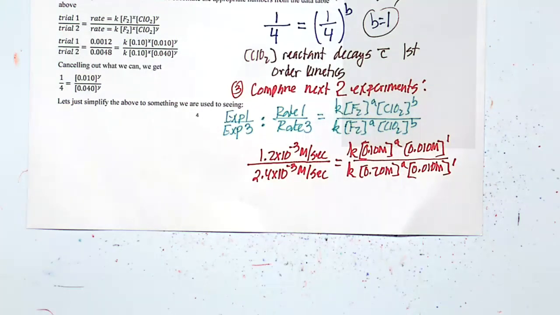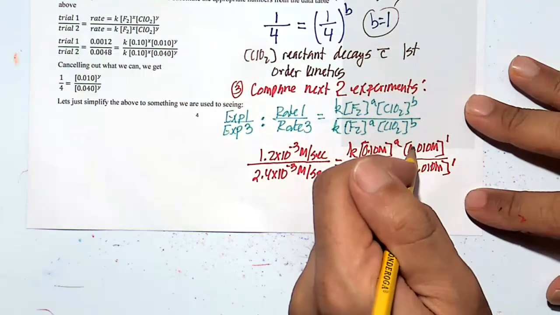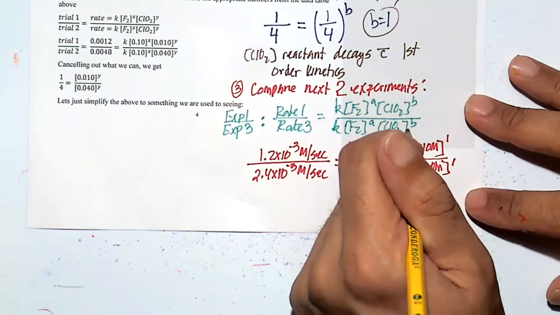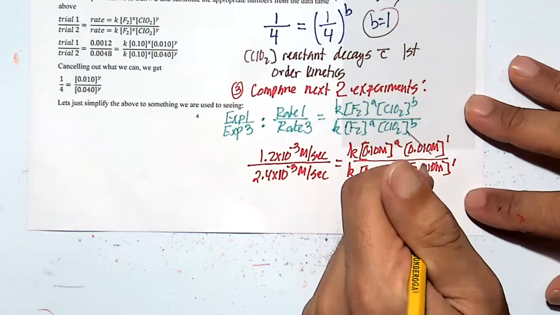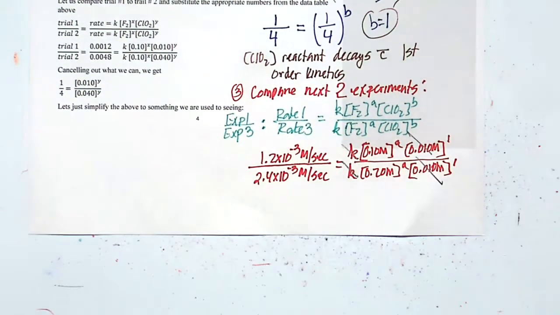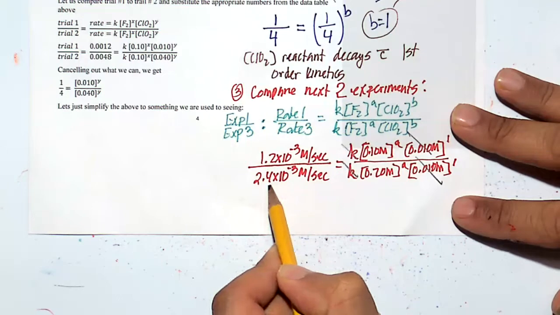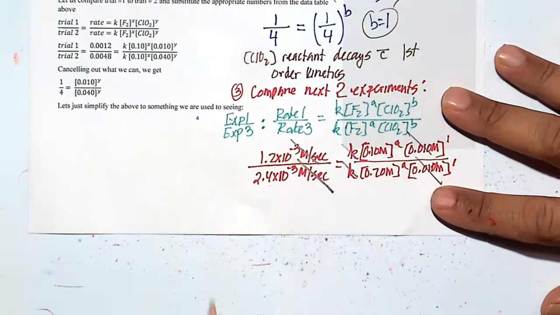All right, are we okay, everyone? 0.010 M to the power of 1 cancels with that guy. Okay, your k's cancel. We'll work on them later. 1.2 times 10 to the minus 3 divided by 2.4 times 10 to the minus 3. By the way, these units cancel.